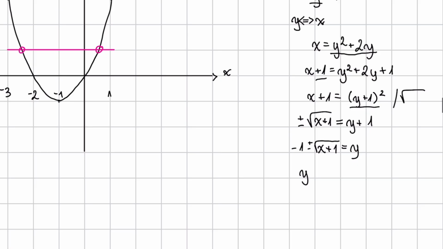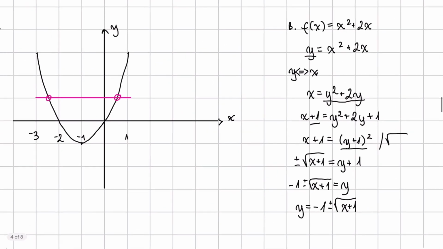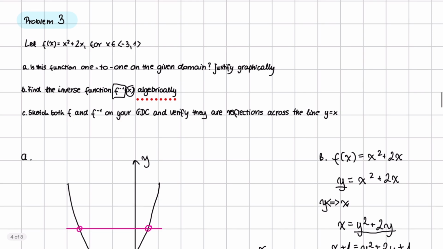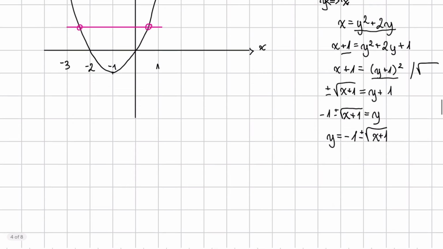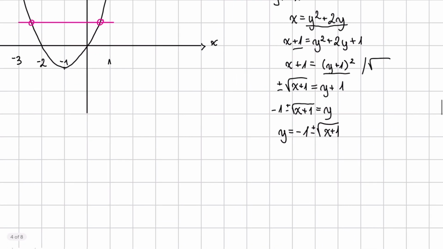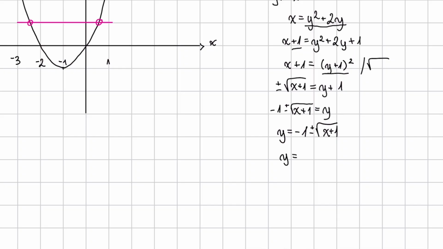So y equals minus 1 plus minus square root of x plus 1. And here, because our domain is from negative 3 to positive 1, we're left with y equals minus 1 plus square root of x plus 1 because of our domain.